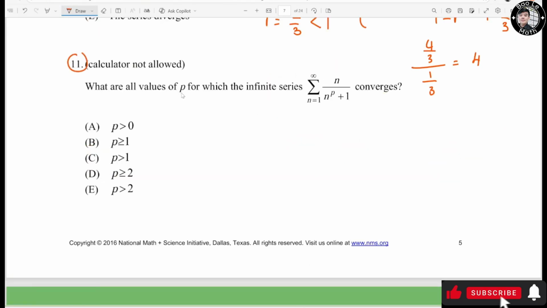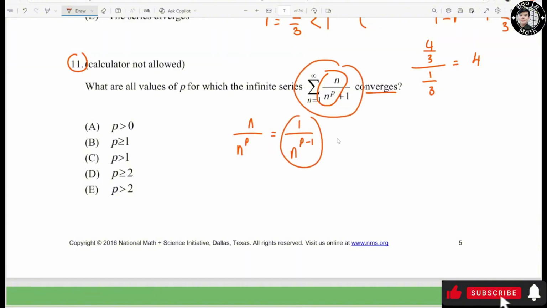Question 11. What are all values of p for which the infinite series converges? All right, so we need to use the direct comparison test. We take the leading terms in the numerator and denominator and divide them, so it's n over n to the p, which is 1 over n to the p minus 1. We compare this one with the original series.